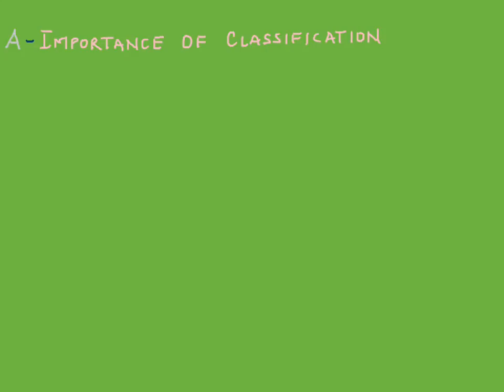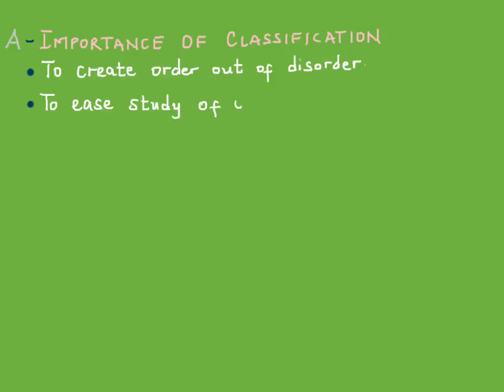Classification is also important for the following reasons: to create order out of disorder. It makes the study of organisms easier, preventing confusion and time wastage. It helps in the identification of organisms being studied.